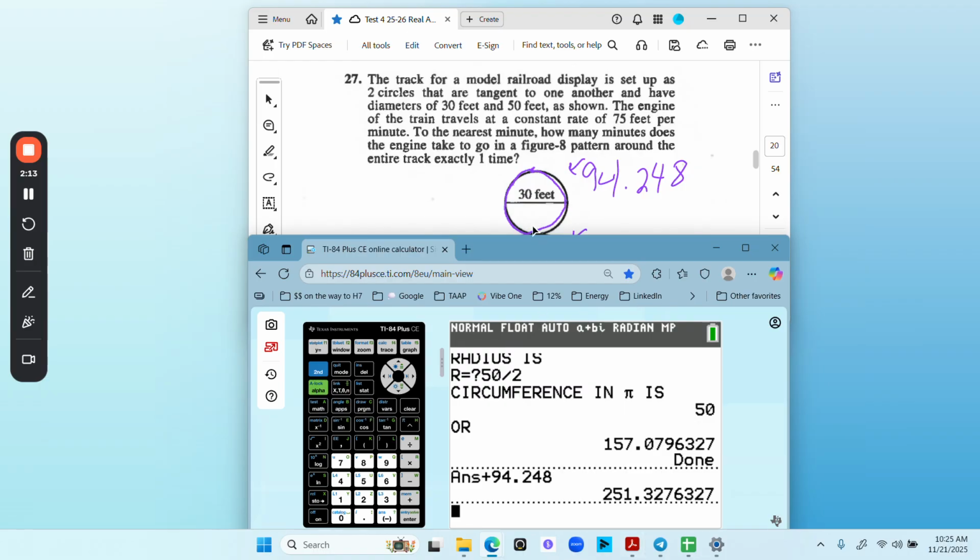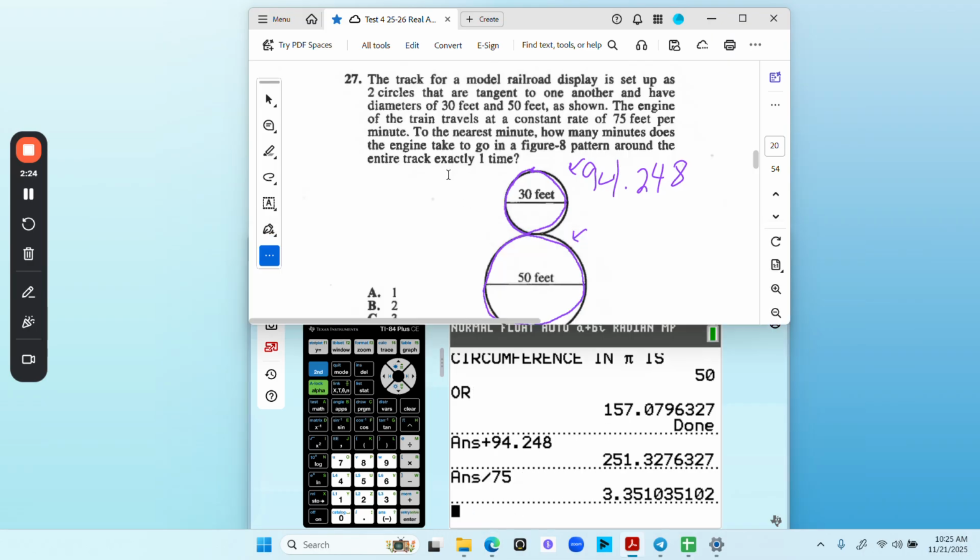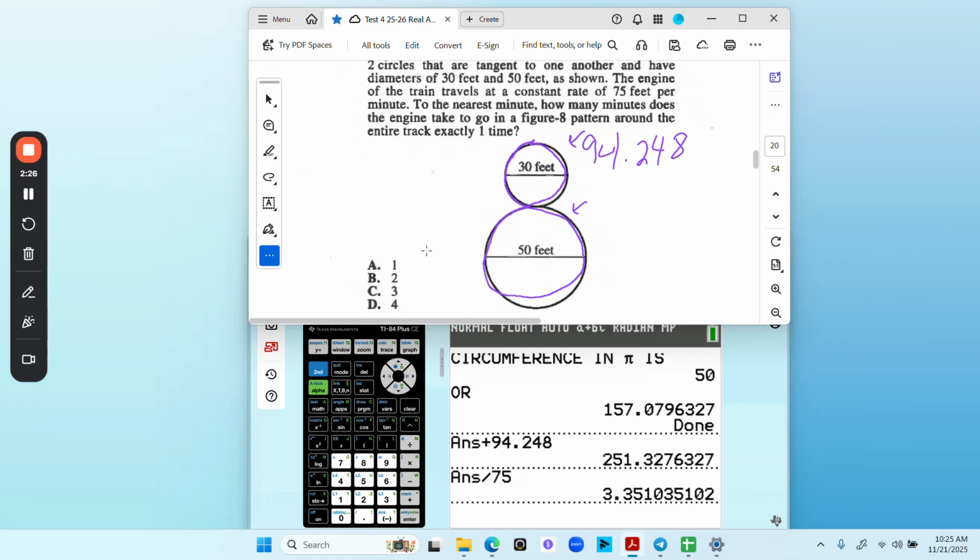And then if we're going 75 feet per minute, I'm going to divide this by 75, and it'll tell me that it was 3.35 minutes. So to the nearest minute, it would be 3 minutes, because you would round down because it's less than 3.5.